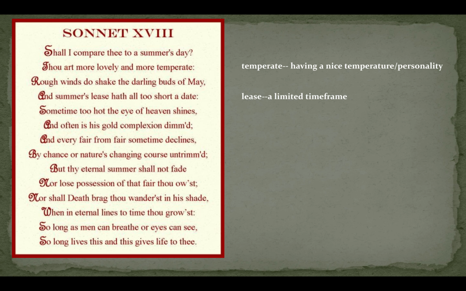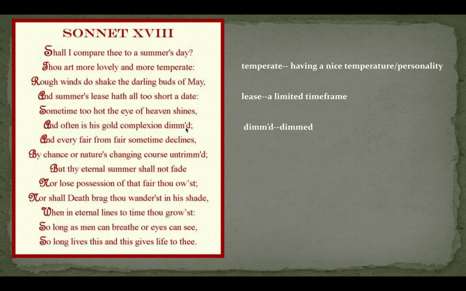You can also have leases on cars and properties and other things, but it's a limited time frame. So that's what we need to think of here, that a lease is a limited time frame. So if we're talking about summer's lease, we're saying summer only has this limited time frame, and it's very short.